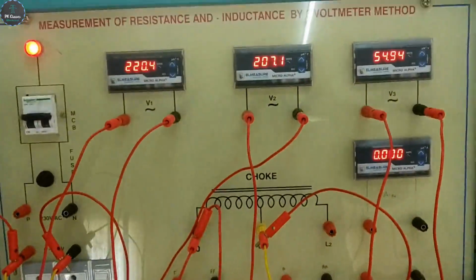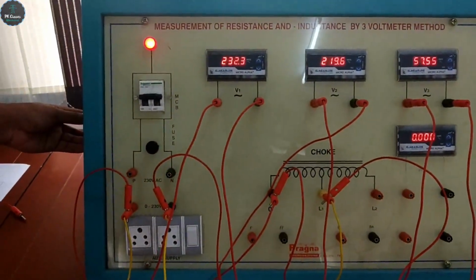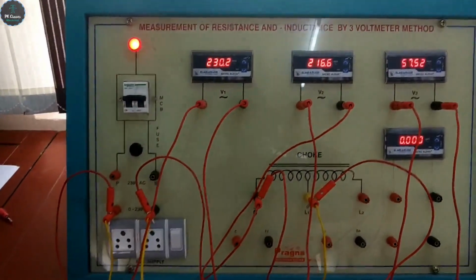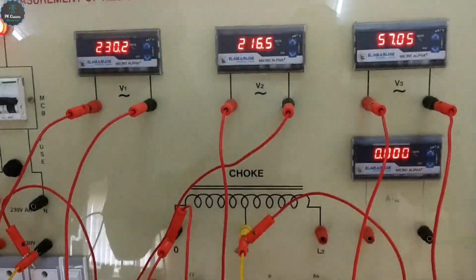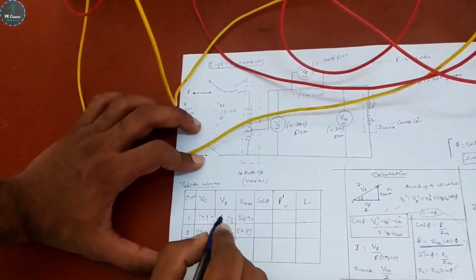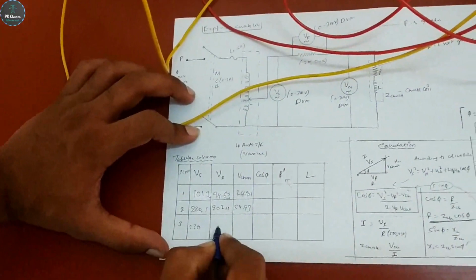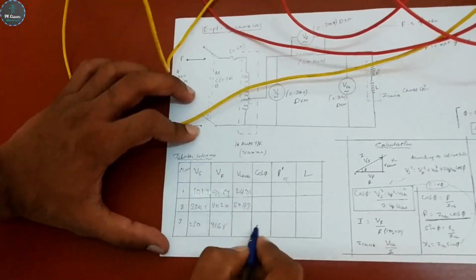And next you can take for 230. Okay. See here, for 230, this is supply voltage 230, and V2, the voltage across the rheostat, reads 216.5, and the voltage across the choke coil is 56.94.